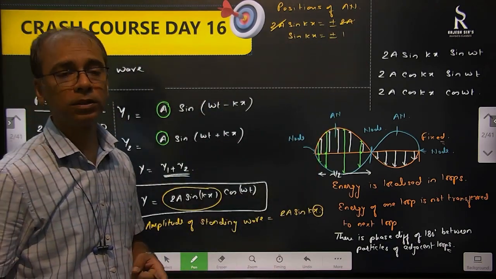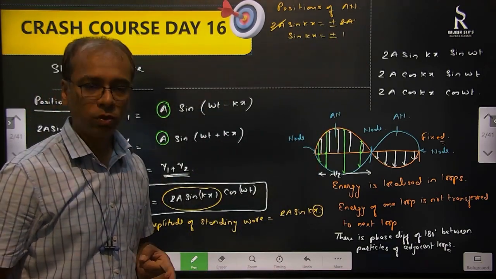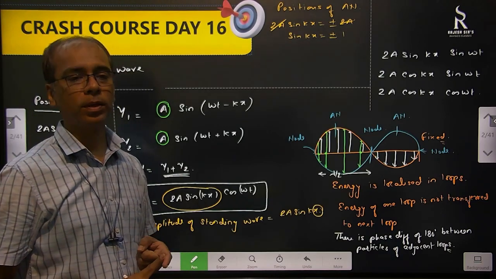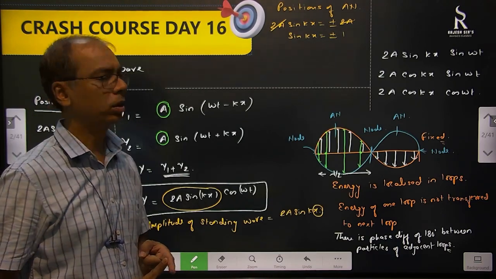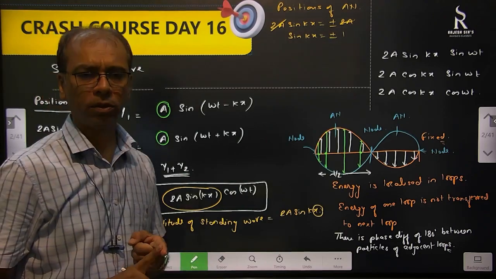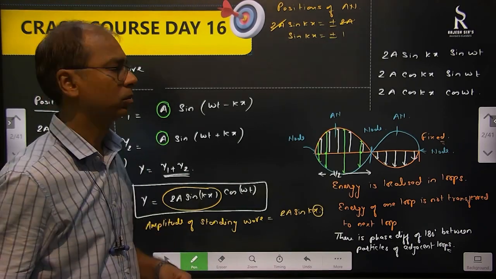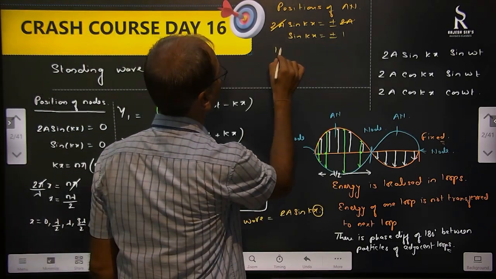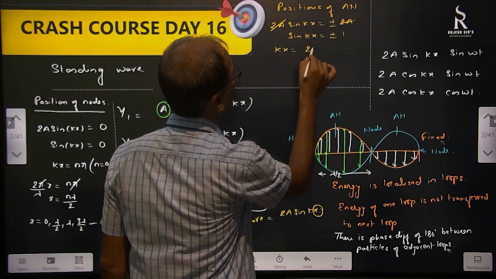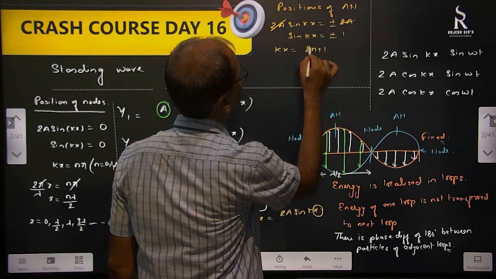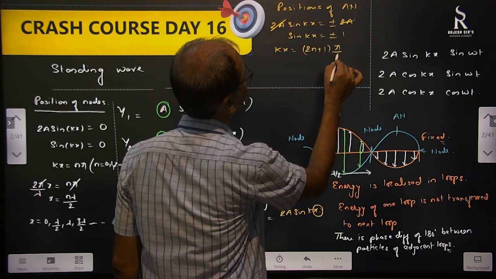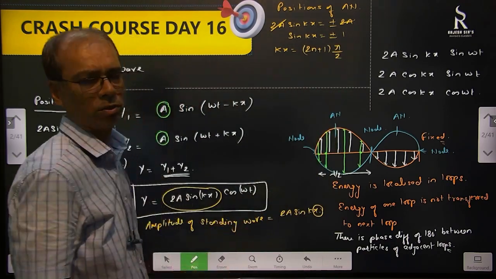Plus minus 1 means pi by 2 gives 1, 3 pi by 2 gives minus 1. So we can write pi by 2, then 3 pi by 2. That means kx value should be (2n plus 1) pi by 2 or (2n minus 1) pi by 2.